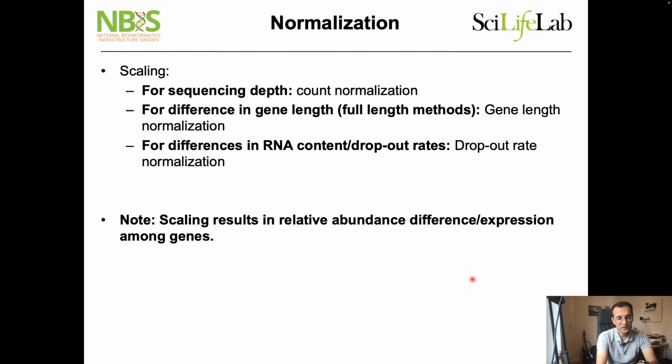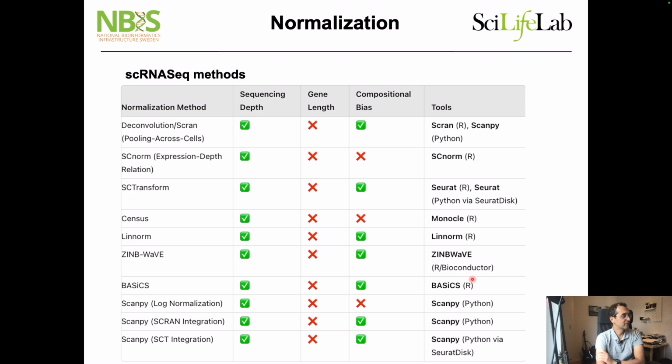Remember, if you're working with tag data sets like 3' or 5', correction for gene length is meaningless. In addition to that, there are tools like zero-inflated normalization that you can use in order to control or normalize by dropout rate. And scaling results in relative abundance differences in expression among genes, which helps us to characterize the differences in expression between the cells.